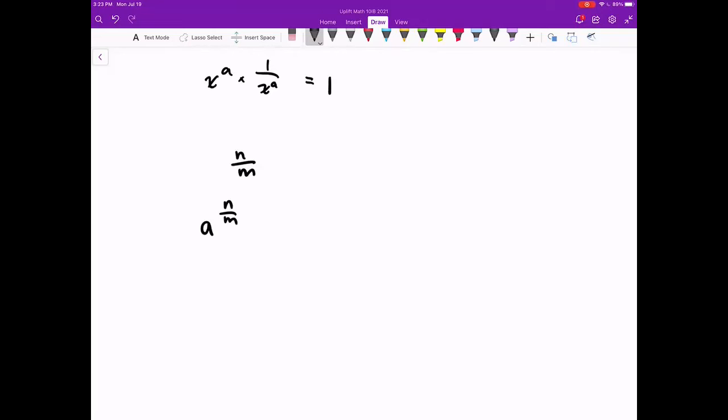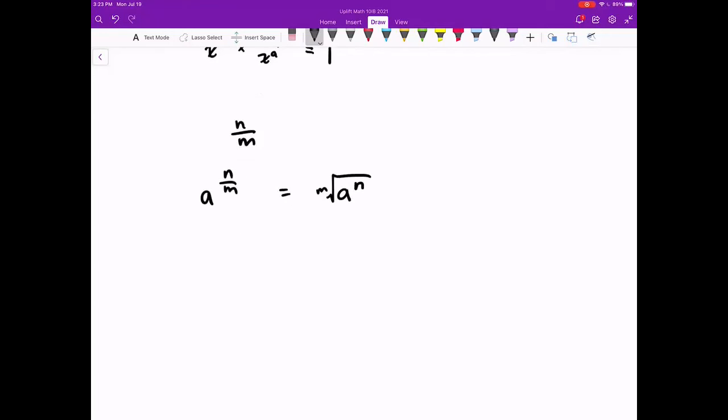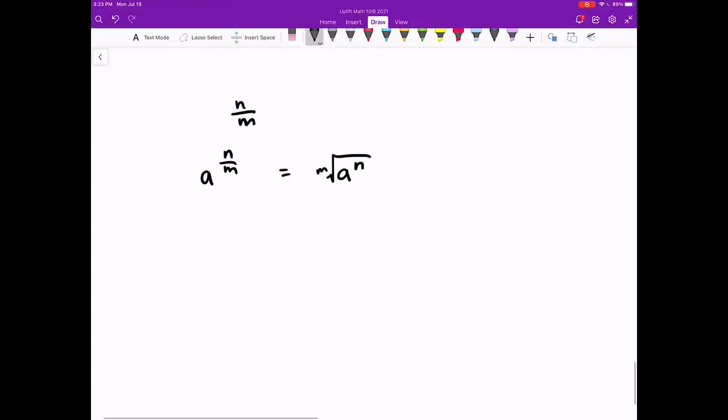You can rewrite this in two ways. The first way is a to the power of n, and then we take the mth root of that. Now, this m is not a multiplying coefficient. It's the number of the root. The second way we can write it is a to the mth root, and this whole thing to the power of n.